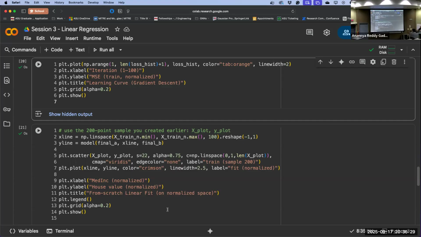So if you run, yeah. And this graph is what Kaustav was talking about.